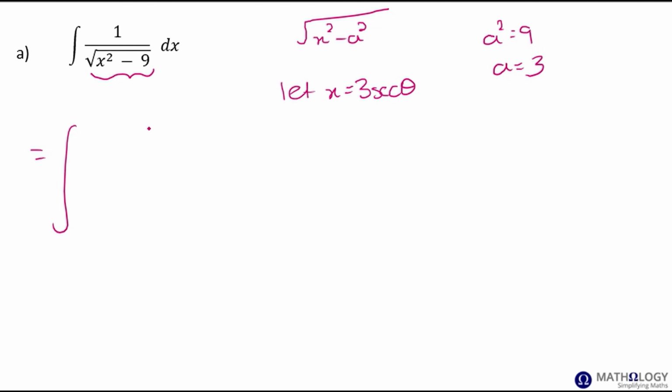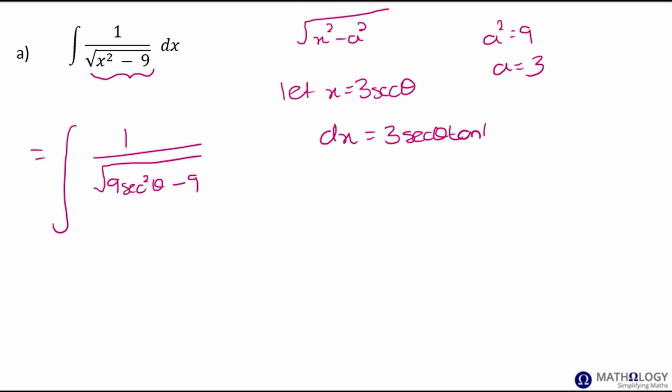So this equals the integral of 1 over root, x squared will be 3 squared times sec squared, so it'll be 9 sec squared theta minus 9. And dx, we need to differentiate this so that we get a d theta. So dx will be 3, the derivative of sec theta is sec theta tan theta, then d theta.